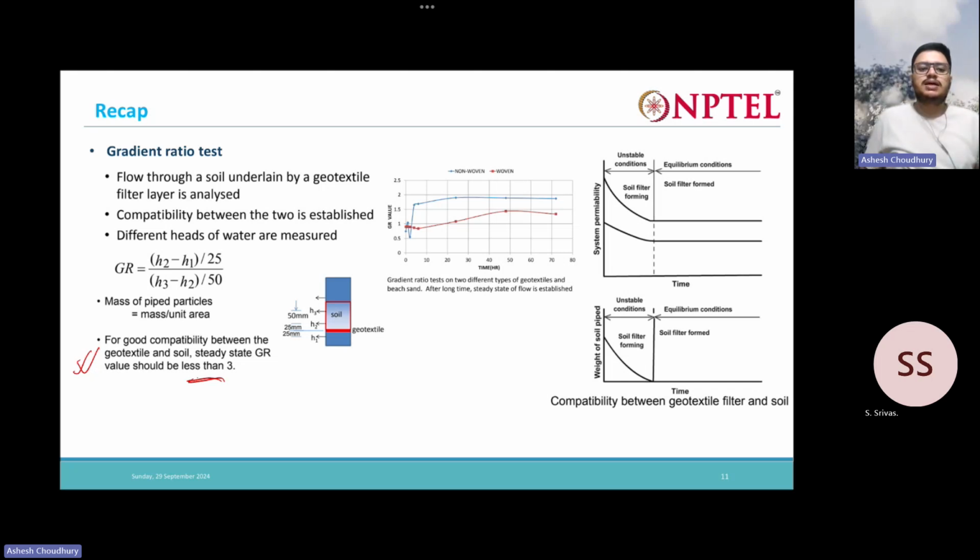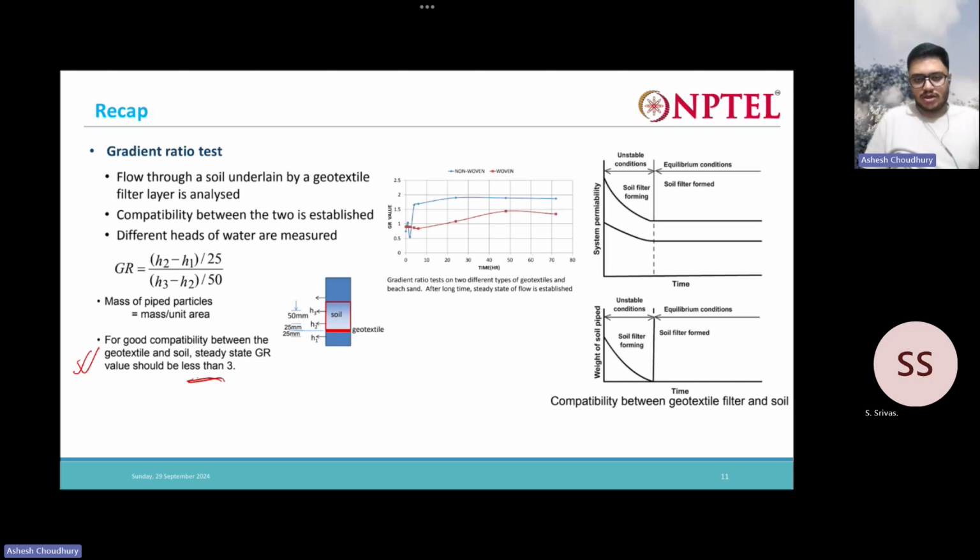You should check whether the soil present in the site and the geotextile that you are planning to use as a filter are compatible or not. How can we check the compatibility? As I said, it can be checked by this gradient ratio test.